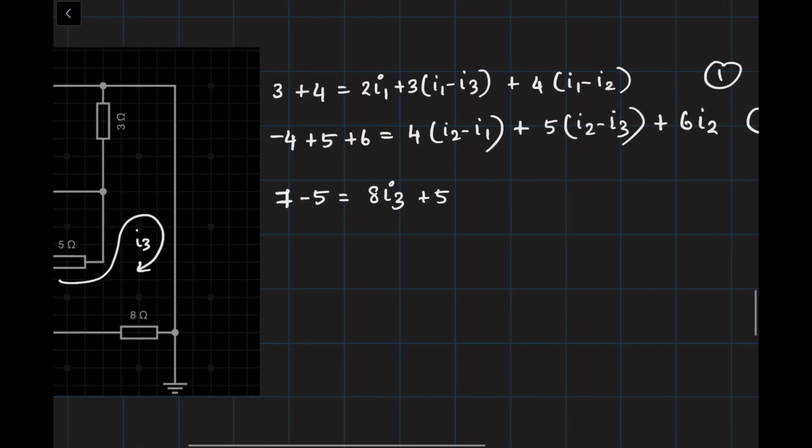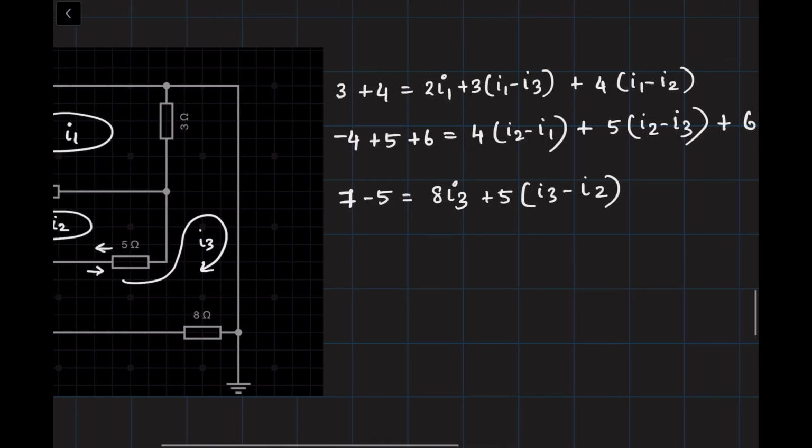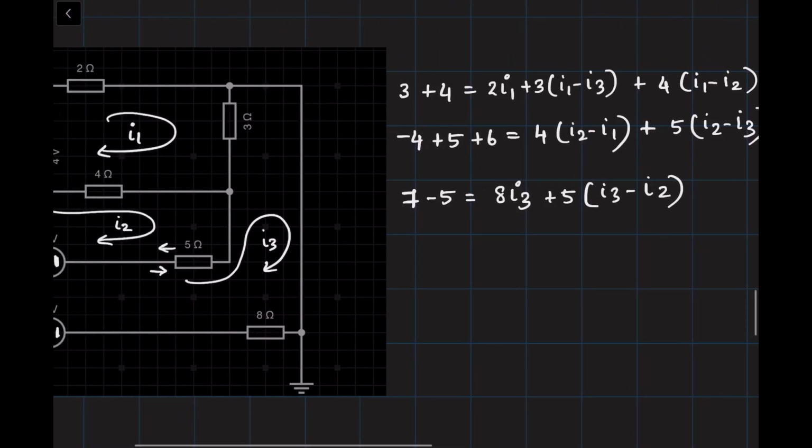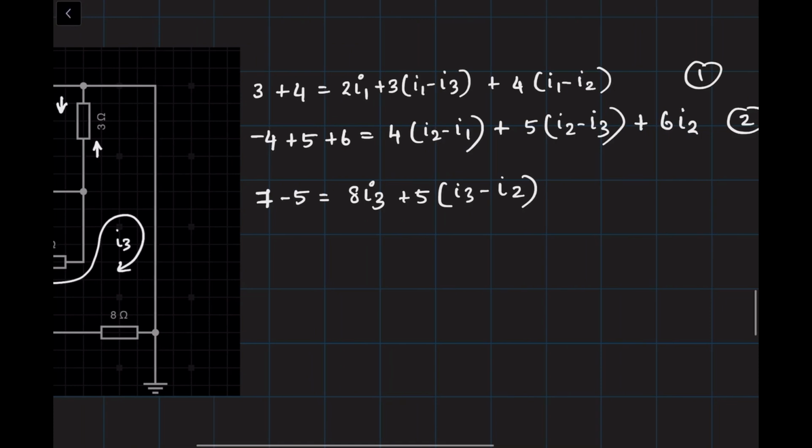So 5 into I3 minus I2. Understood? Now the 3 ohm resistor, moving in the clockwise direction, I3 minus I1. So plus 3 into I3 minus I1, which is the third equation.